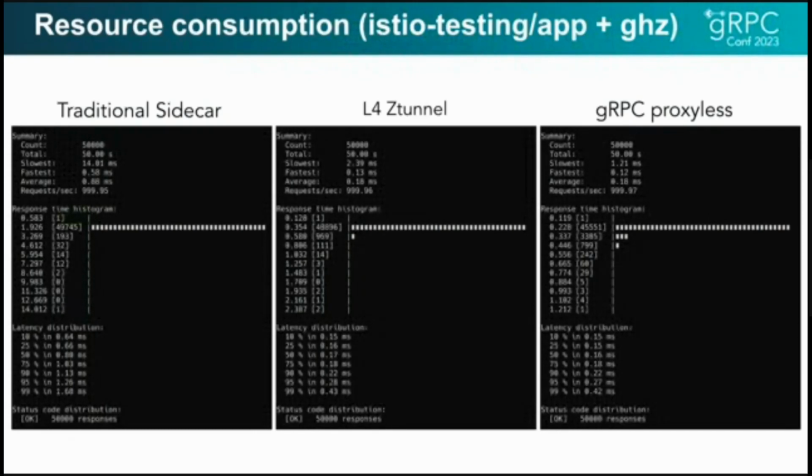That's fast in most cases. This is the traditional sidecar, where we have an Envoy running here. For the layer 4 ztunnel, we are talking about 300 microseconds, which is ridiculous. And for the gRPC proxyless server, we are talking about 200 microseconds.